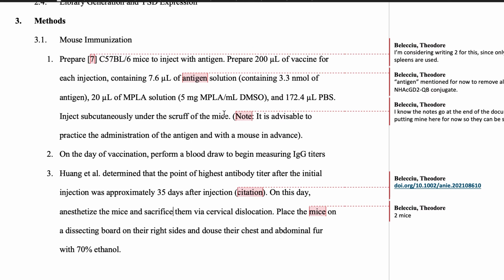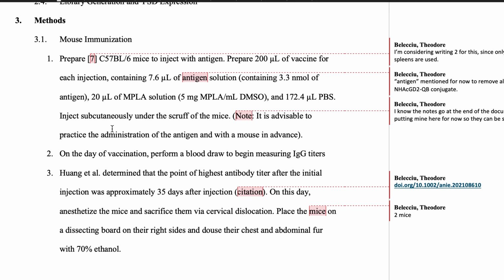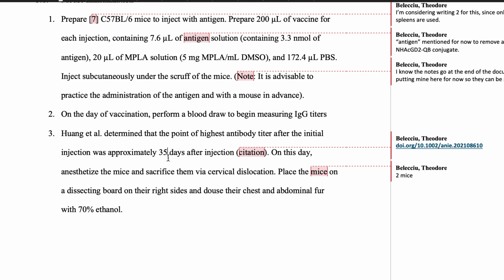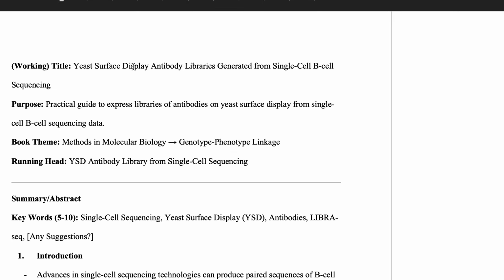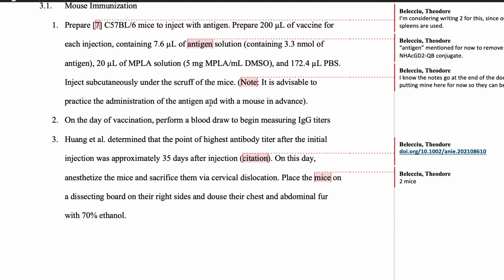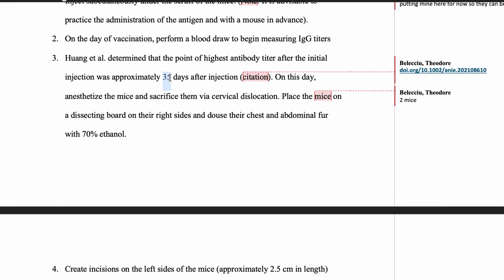So I'm not mentioning anything about the ELISA and the measurement of the antibody titer because I'm using the previous data. And obviously this data is specific for 9-NHA-CGD2 and Q beta. If a different antigen were used and we were looking to display other antibody libraries not specific to 9-NHA-CGD2, obviously this 35 days could change.